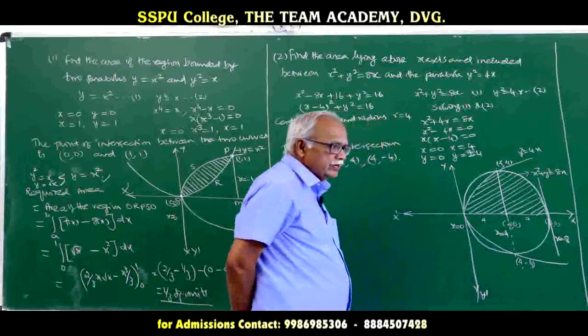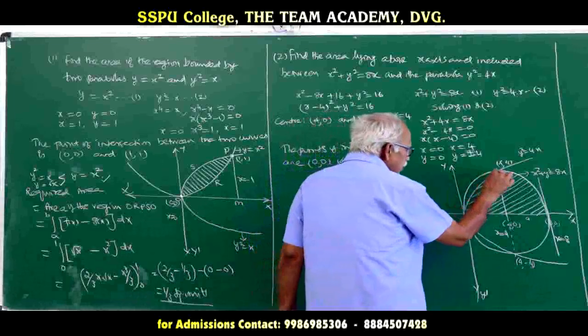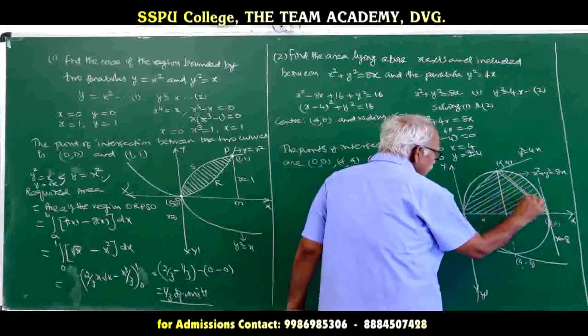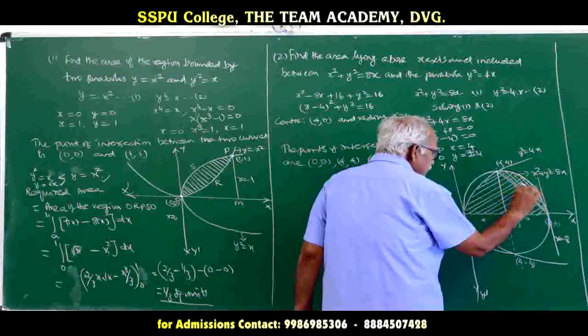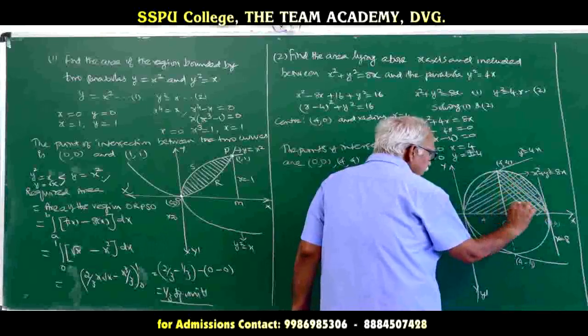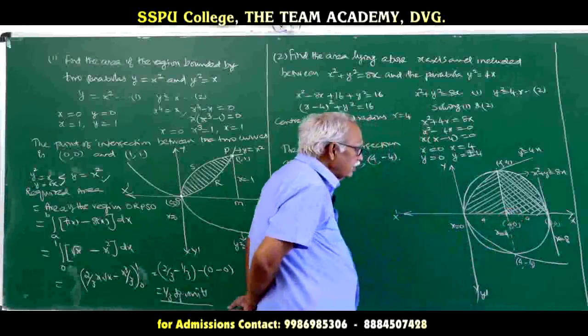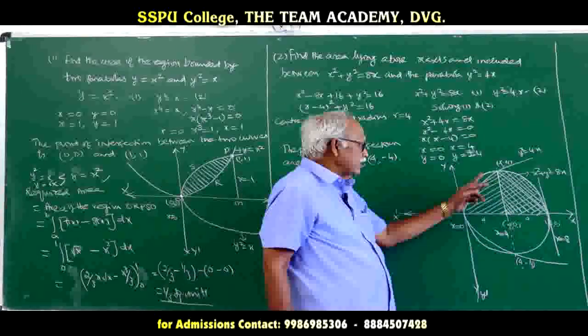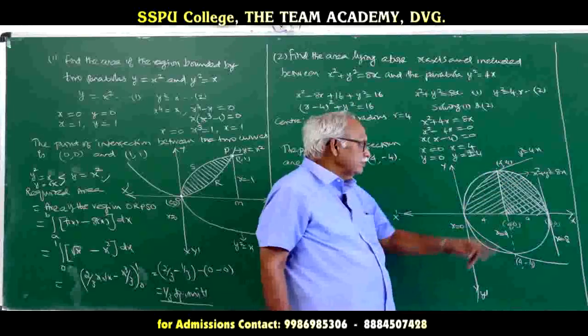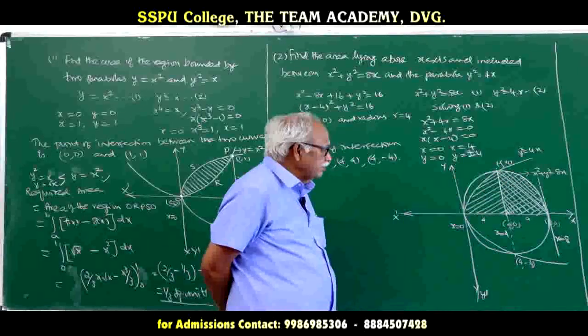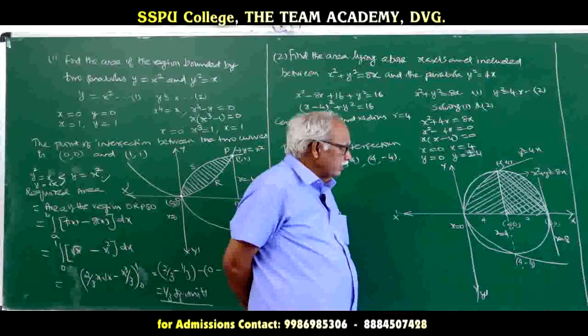Now, we have to split the required area into 2 areas, because 2 curves are involved. One curve is y square is equal to 4x, another curve is x square plus y square is equal to 8x.